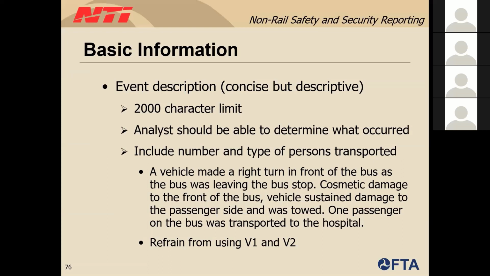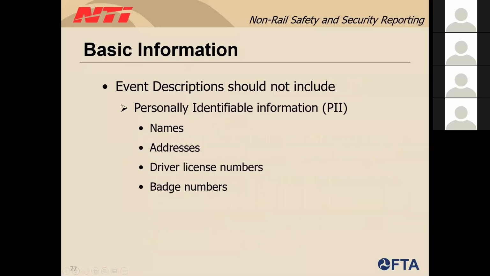The analyst has to be able to determine who hit whom and how, and not all reporters refer to IV or vehicle 1 as a transit vehicle. Event descriptions should not include any personally identifiable information such as names, addresses, badge or driver's license numbers, and so on. However, do continue to include ages and genders. This helps us validate your reports.